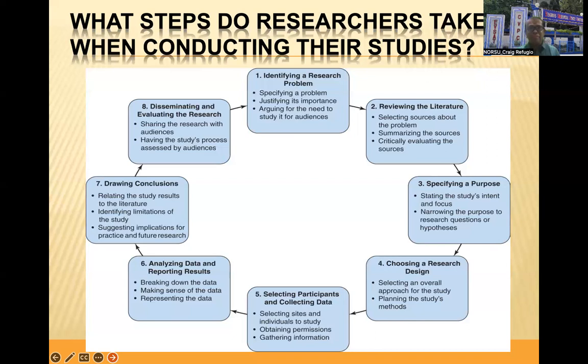Chapter 4 in a 5-chapter thesis becomes chapter 2 in a 3-chapter thesis. Then chapter 5, the summary, findings, conclusions, and recommendations, is now chapter 3 in a 3-chapter version.